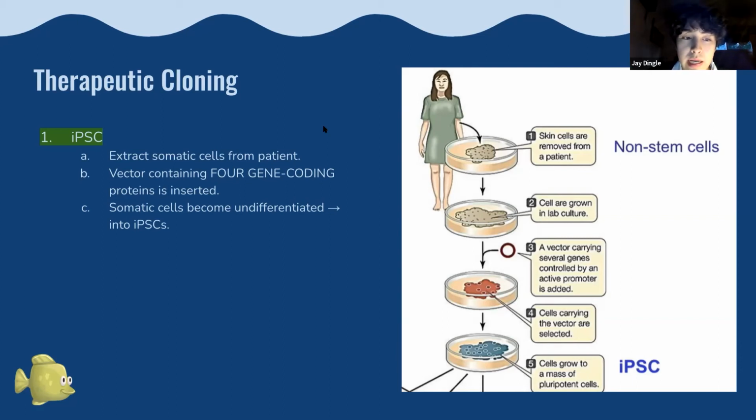Just to remind you guys, these pluripotent stem cells can give rise to any cell in the body except for placental ones. So stem cells that can differentiate into any cells, including placental ones, are embryonic stem cells. Pluripotent do not differentiate into placental ones. Totipotent can give rise to any cell, and multipotent can only give rise to cells in their own lineage.